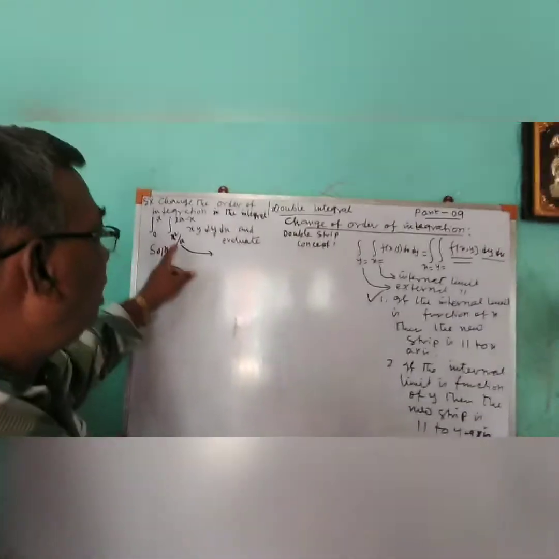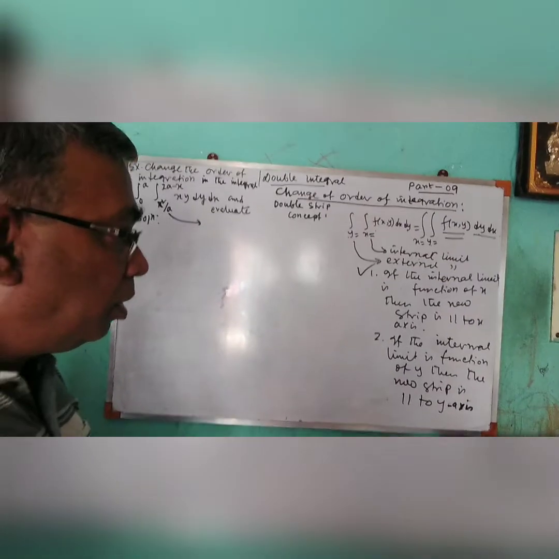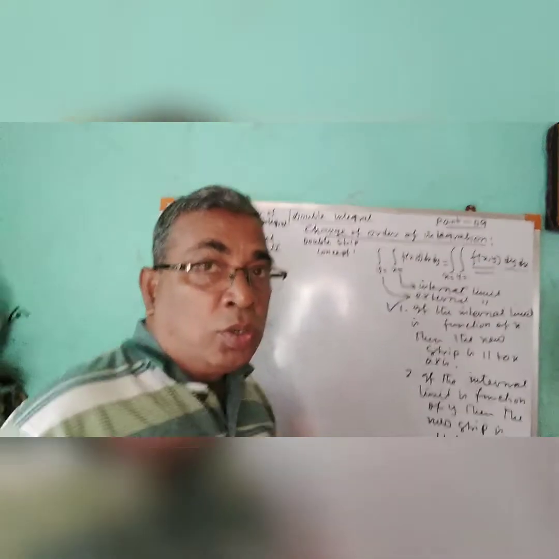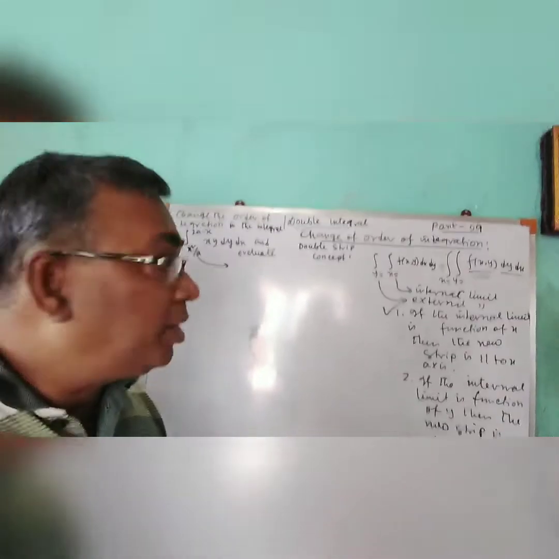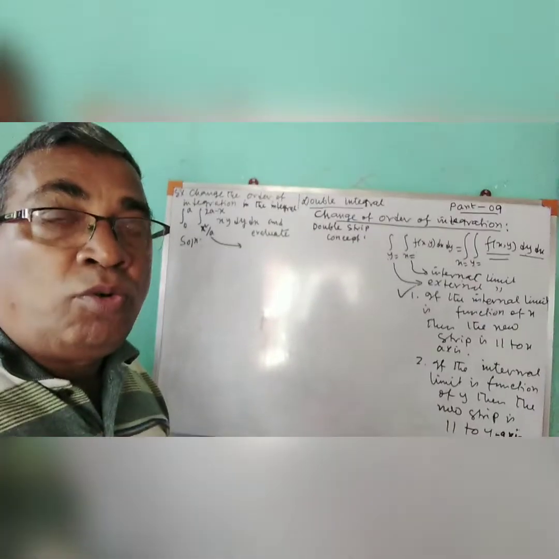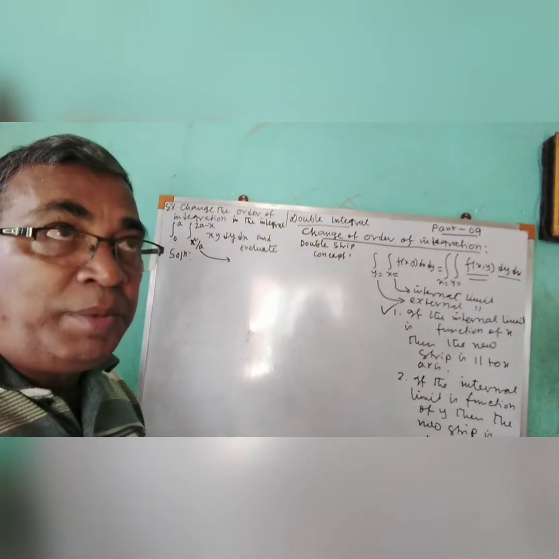If the internal limit is a function of y, the new strip is parallel to y-axis. From the strip, after changing the order of integration, you have to find the new limits, that is the internal limit from the strip.